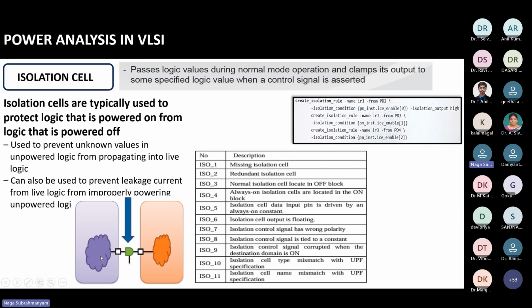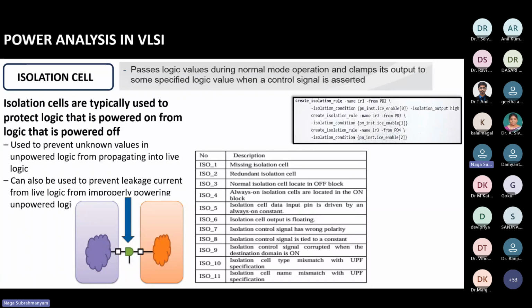So we need to keep an isolation cell here so that we can separate this block, and whatever output is coming from here going as input to this block, we will pass that signal's value through the isolation cell. This isolation cell will make one logic completely independent of another logic.